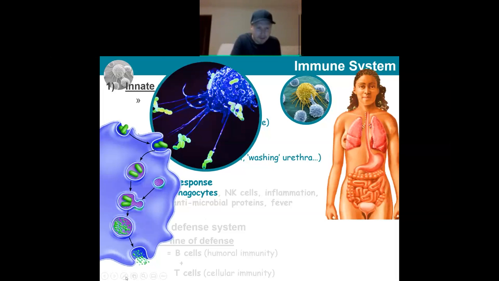There inside the phagocyte, this vesicle where the pathogen is fuses with another vesicle where we might have enzymes or some sort of other materials that break it apart, and any leftover parts that are now waste get dumped out of the phagocyte. That's how phagocytes protect us.